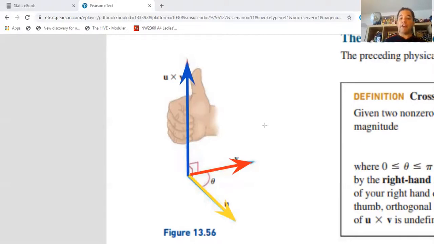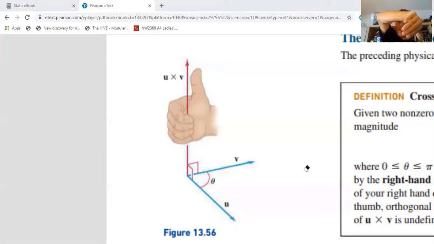Now, something very, very important here is that the order matters. For the first time, we have a product where the order is actually important. Because if you do it the other way around, if instead of u cross v you do v cross u, then your hand is going to be pointing down.